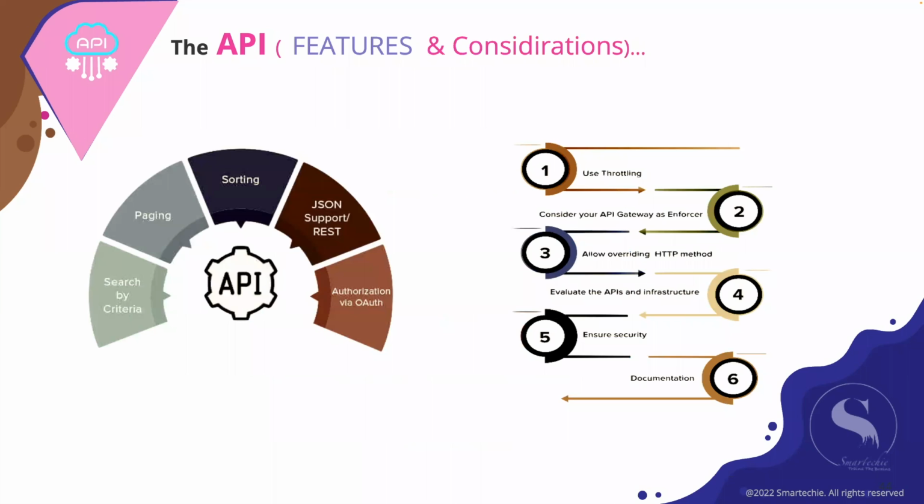Here are a couple of points one should take into consideration while building an API. The best practices would be: use throttling whenever developing any API, enforce an API gateway to secure your APIs, allow overriding the HTTP method, evaluate the APIs and infrastructure, ensure the utmost security, and of course proper documentation for all the APIs you have, right?